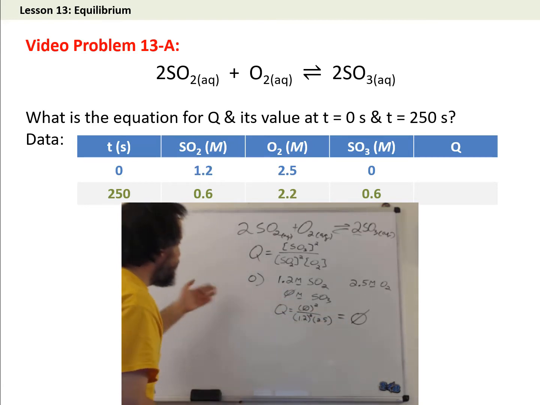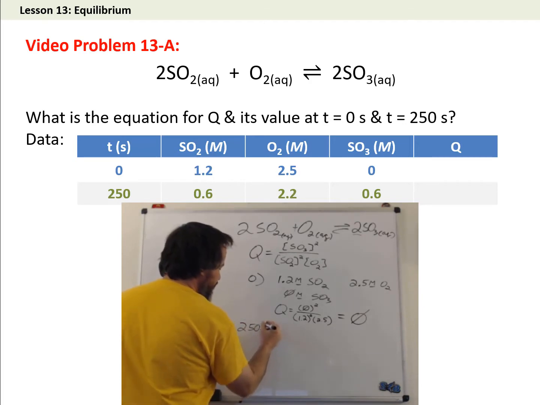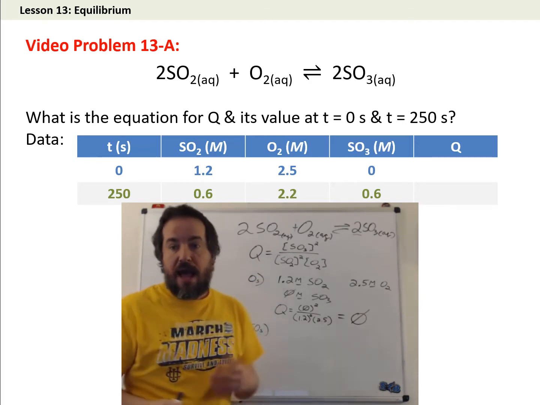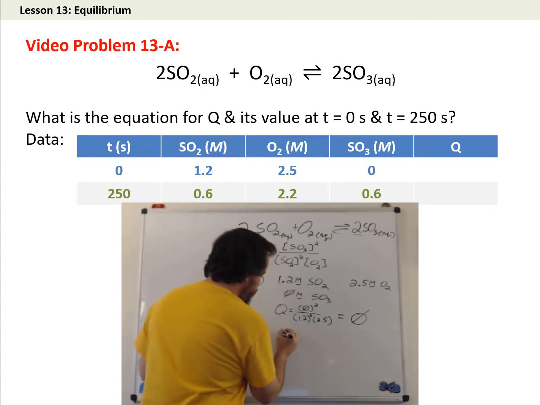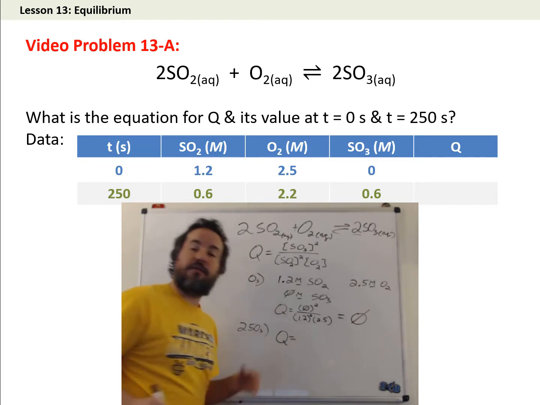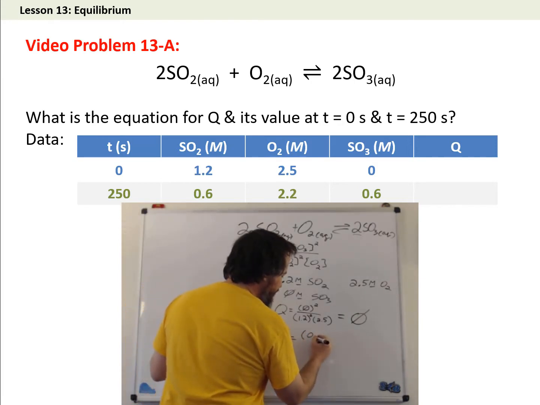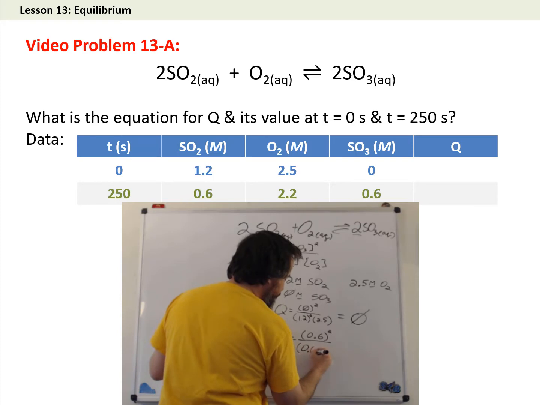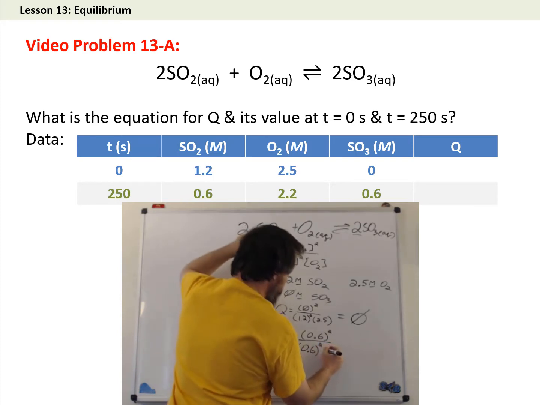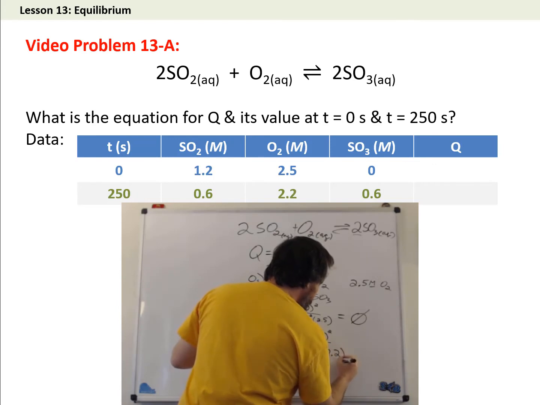Let's go through and do it at 250 seconds. At 250 seconds, this reaction has occurred, so I can plug in the values for that. Notice they're different. I now have 0.6 for my SO2, and I have 2.2 for my O2.